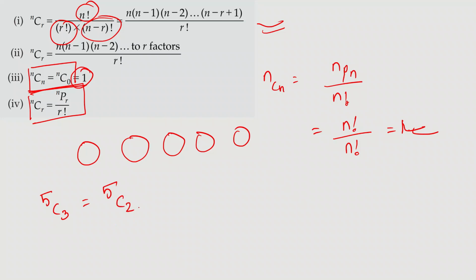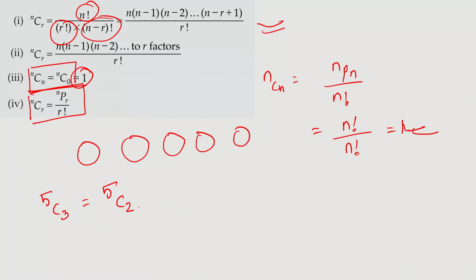Let's think about this question like this. You have 5 balls, and then you divide these 5 balls into 2 parts. You are to select 3 balls out of these 5 balls, and then whatever remains is selected by your brother. I repeat myself to make it even clearer. You have 5 balls, and then I ask you in how many ways you can select 3 balls out of these 5 balls.